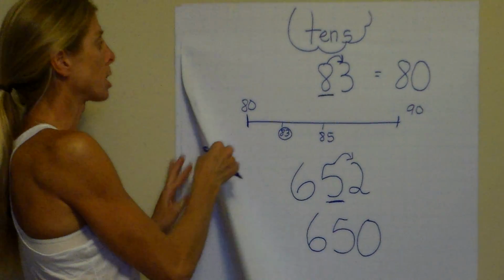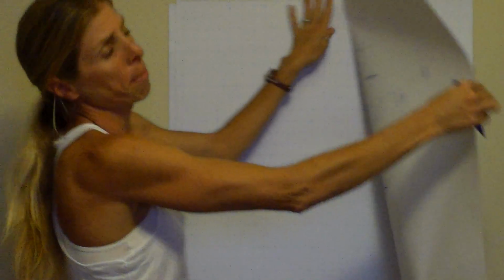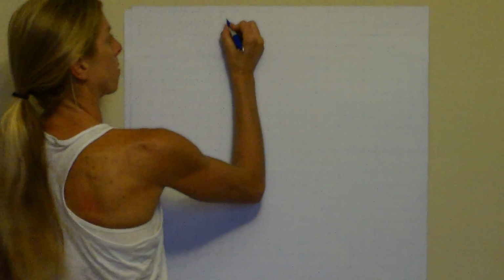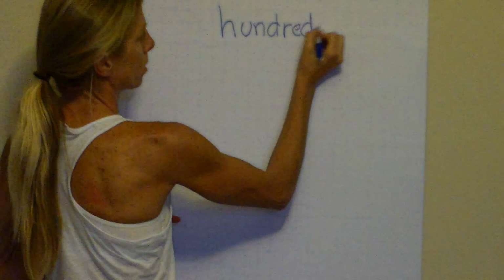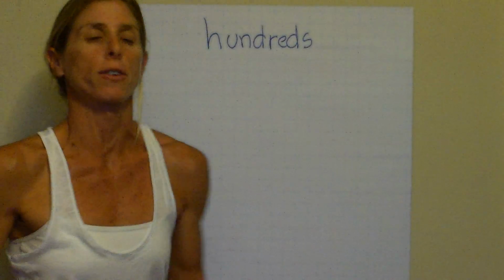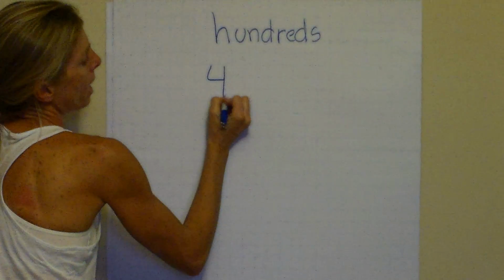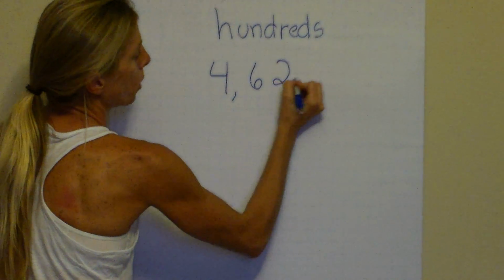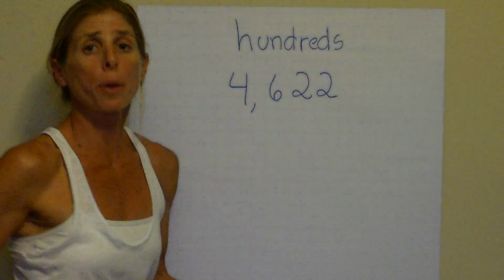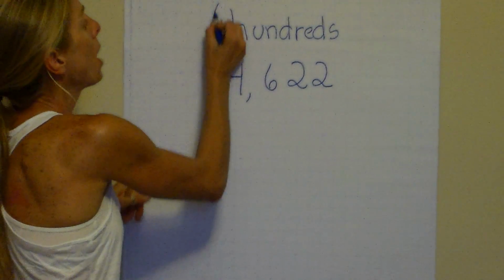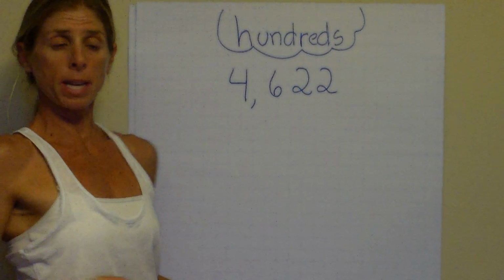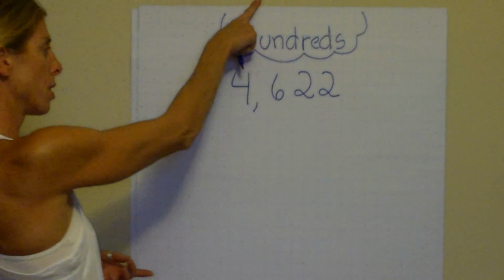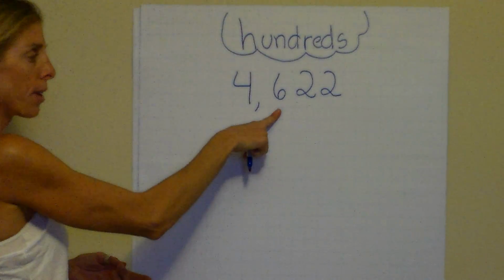So we rounded to the nearest tens place. What place do you think we're going to do next? Hundreds. Okay, let's start off with something a little more difficult. Let's do 4,622. And we want to round to the nearest hundreds place. So the first thing I do is I find the place value. Ones, tens, hundreds.